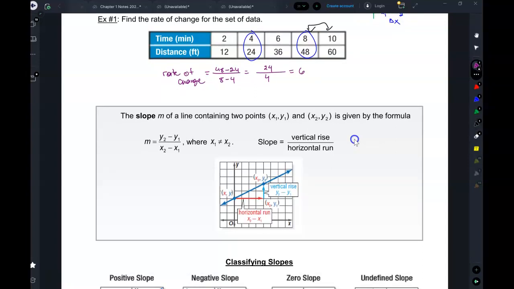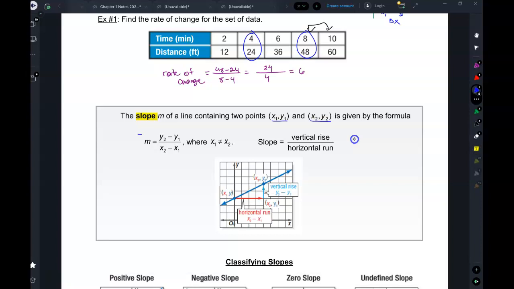So another way to represent this is slope. Slope, which is given the symbol m, is found if you have 2 points. You name one of them x1, y1. You name the other one x2, y2.